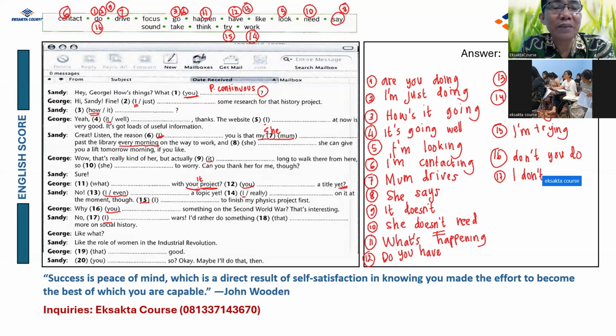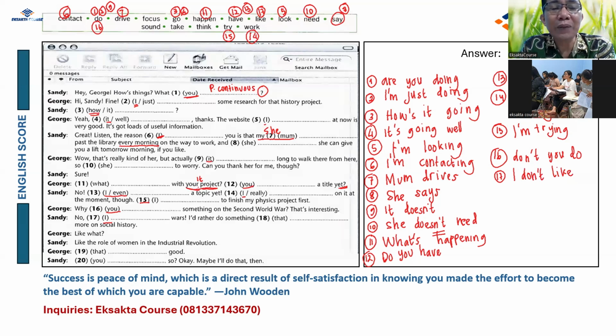Once again, number 17, there is no, so we know that it is negative, and then there is a verb, so use don't or do not. I don't like. The word like is the suitable word to complete number 17.